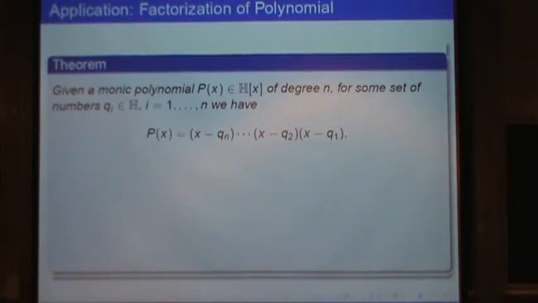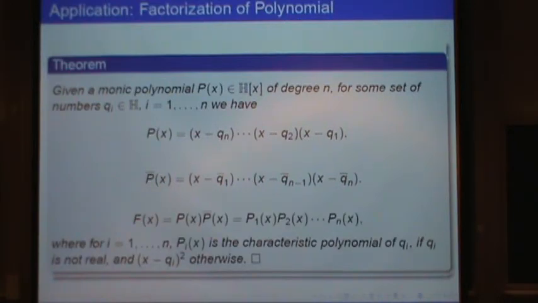So when you take a monic polynomial of degree n, then we know it factors completely into linear terms. But of course, it doesn't mean that all the qi's are zeros of that polynomial. And its conjugate also factors in the reverse order.